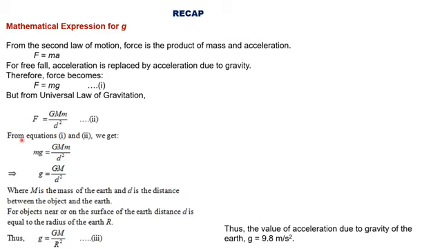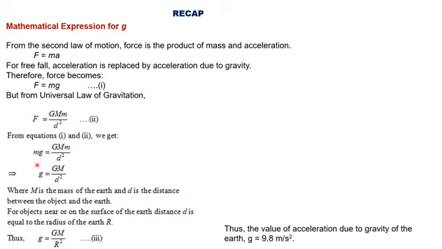Now from equation 1 and 2, F is nothing but mg. So F will be replaced by mg, which equals capital G, capital M, small m, divided by d square.